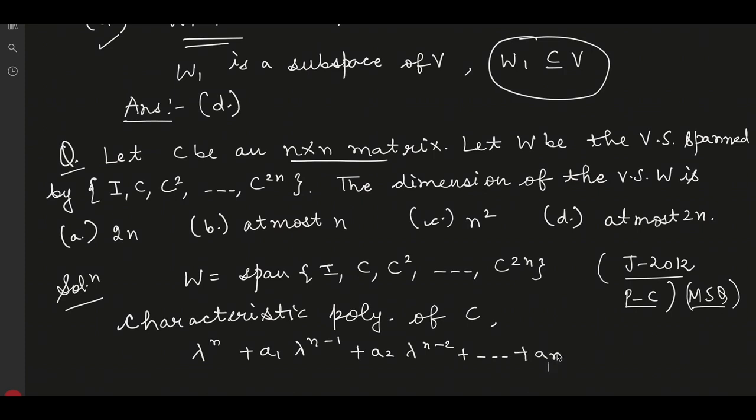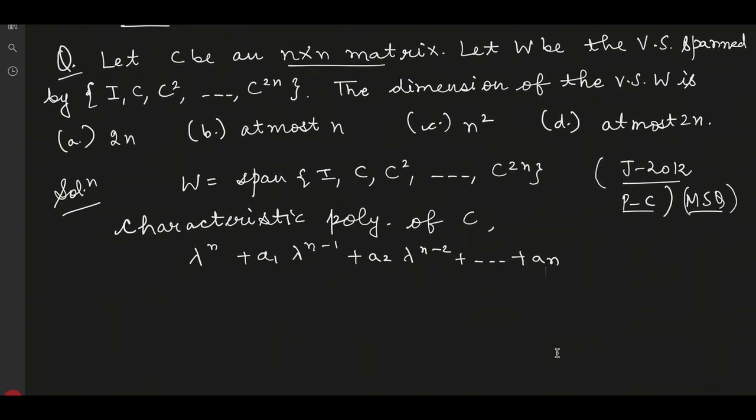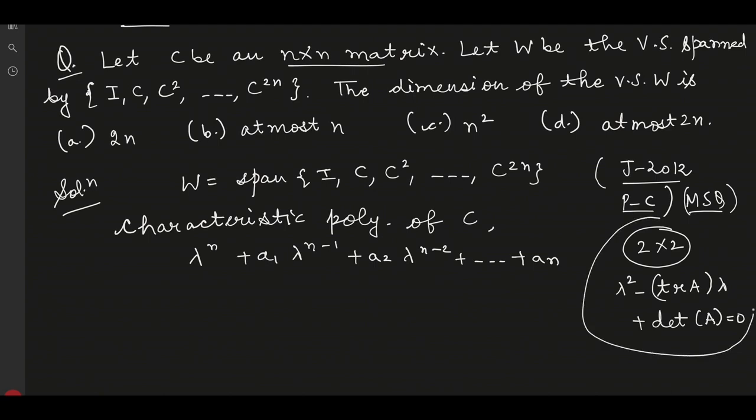This is like this only, no? Like if it is a 2 cross 2 matrix, then characteristic polynomial is lambda square minus trace of matrix A lambda plus determinant of A. Do you remember this characteristic polynomial concept? Yes, ma'am.